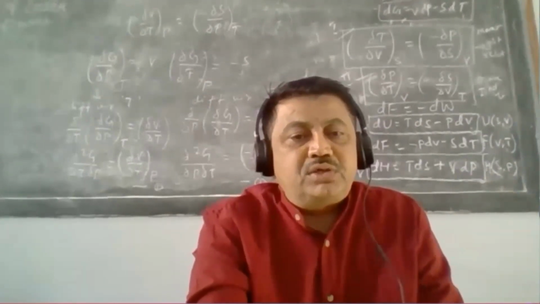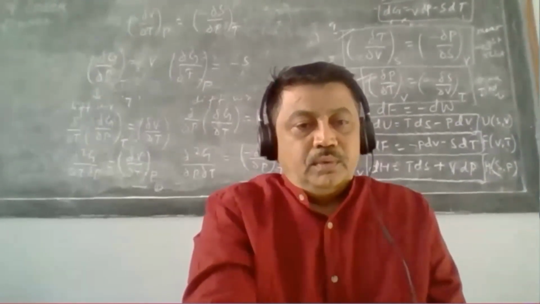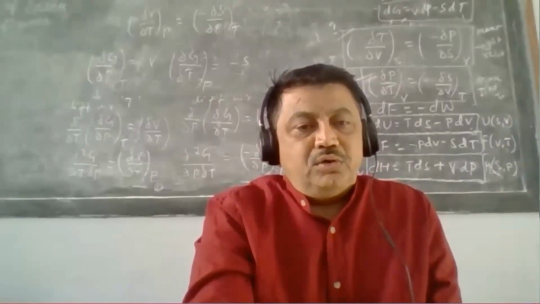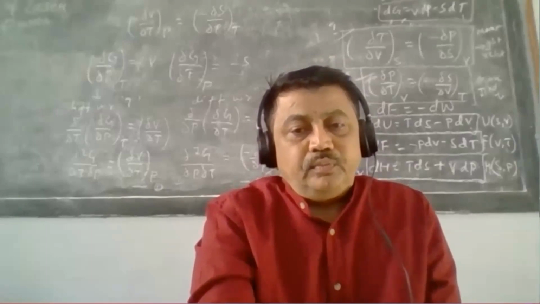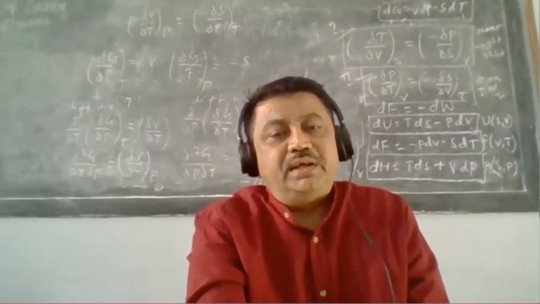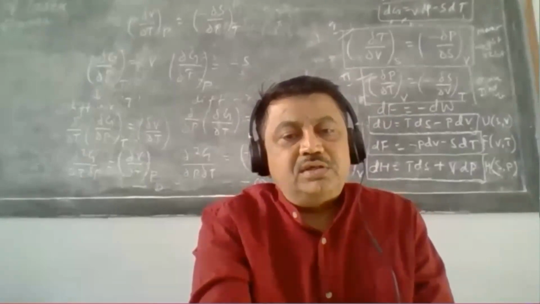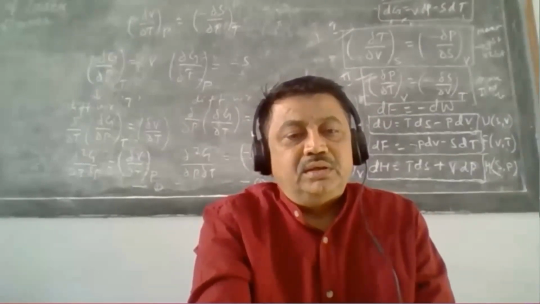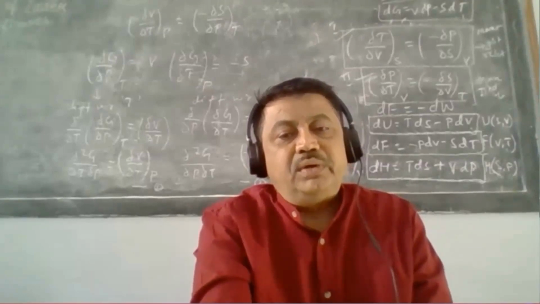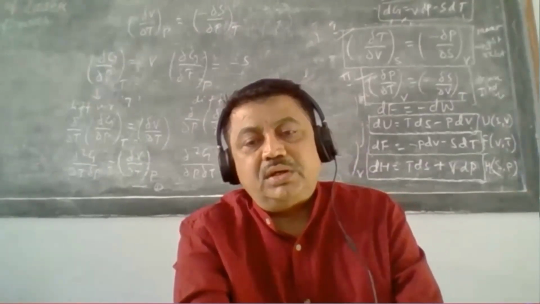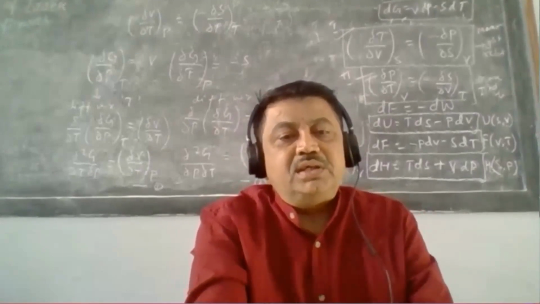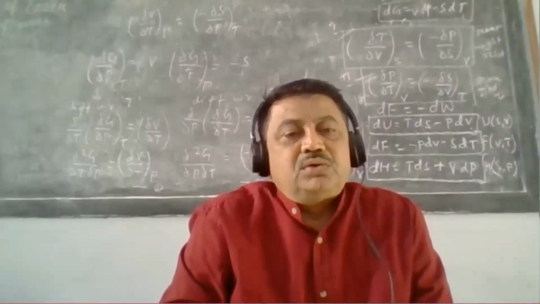So p square is g square into (j plus 1). Then N p square mu B square mu naught by 3kT. Once again, all these constants put together, susceptibility is M by H, so it is C by T, where C is given by N p square mu B square mu naught by 3k, and C is the Curie constant.